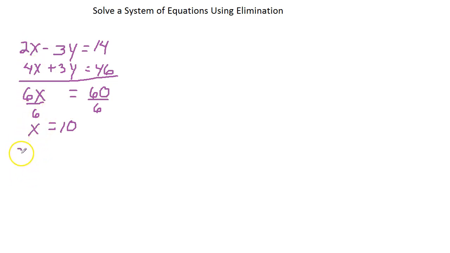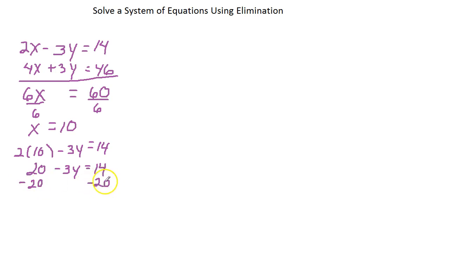So we have 2 times 10 minus 3y equals 14. Well, 2 times 10 is 20. So 20 minus 3y equals 14. Subtract 20 from each side, and we have negative 3y equals negative 6.